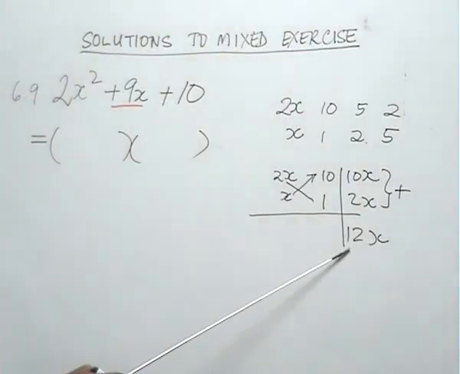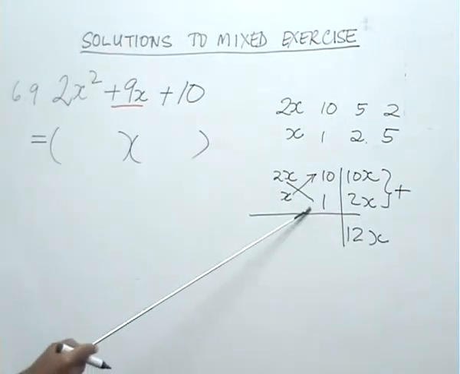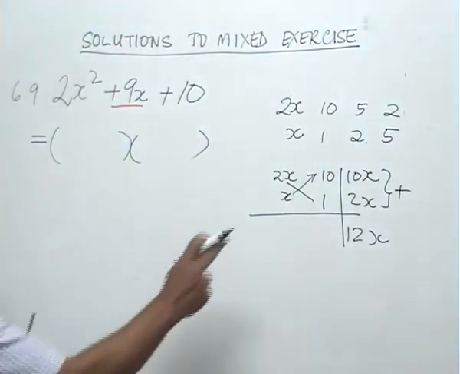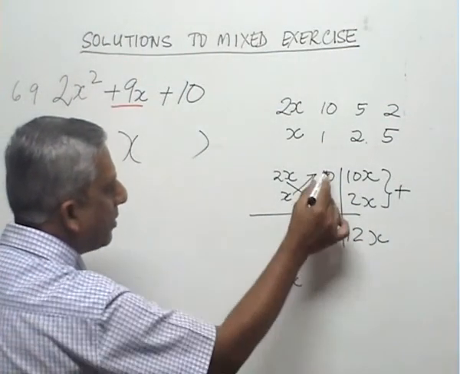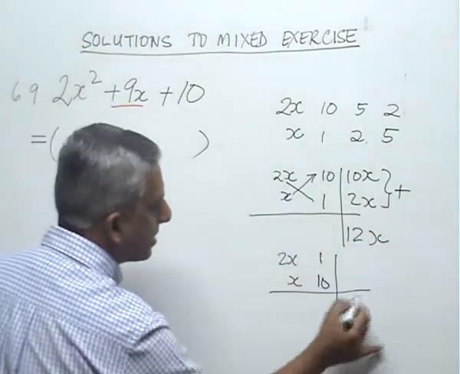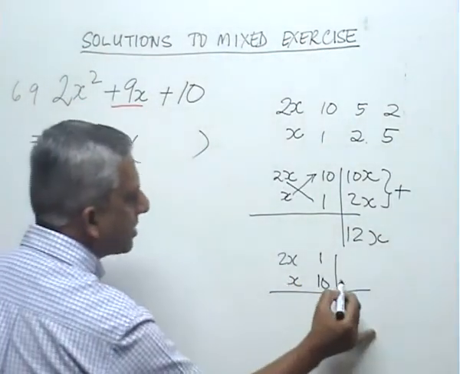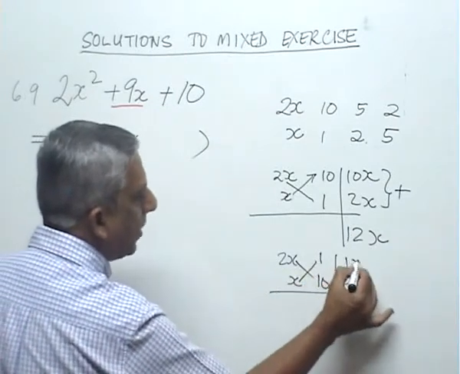Now when that is wrong, don't go and start a new trial. The best thing is to go back here. You had 10 on top and 1 down. Now make it 1 on top and 10 down and test. Well, 2 times 10 will give you 20x. 1 times 10 gives you 1x.